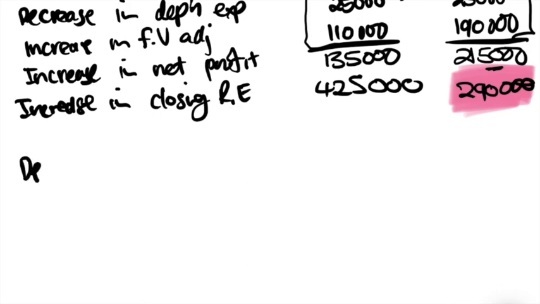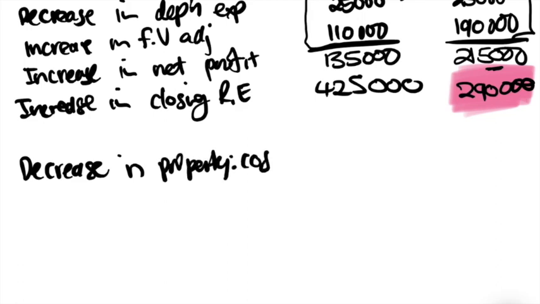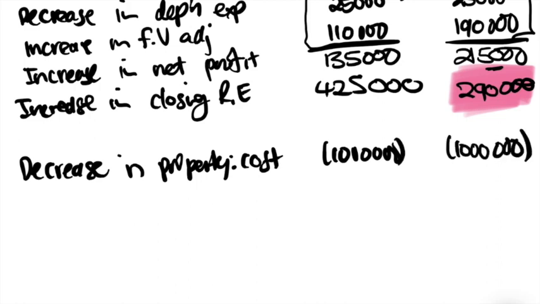So we're going to have a decrease in property cost, and for both of the years, it's going to be a decrease of 1 million, because the property cost account would be sitting at 1 million.